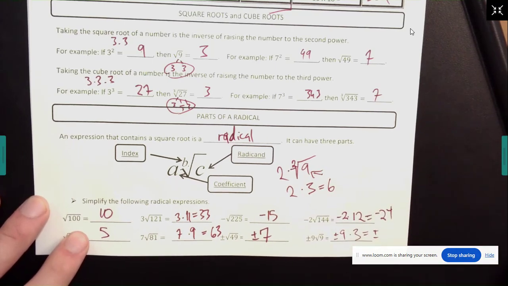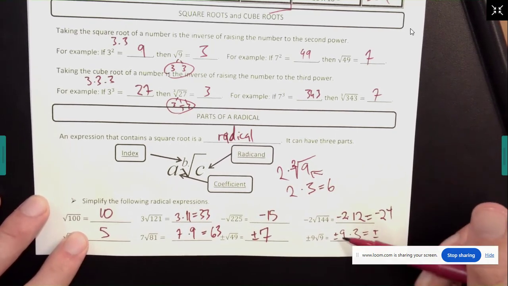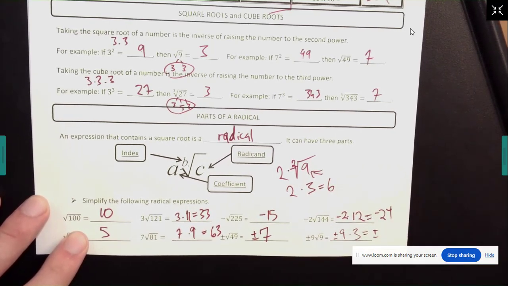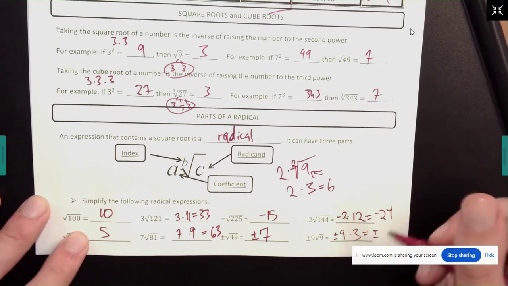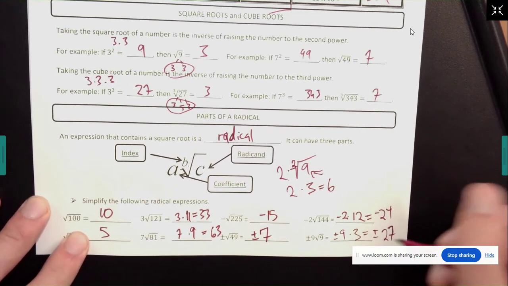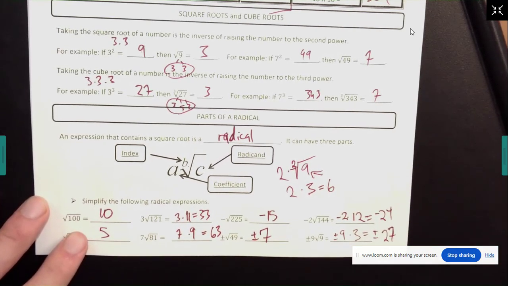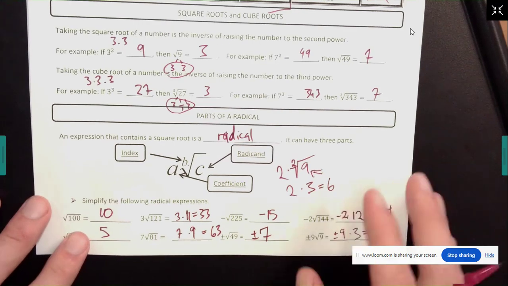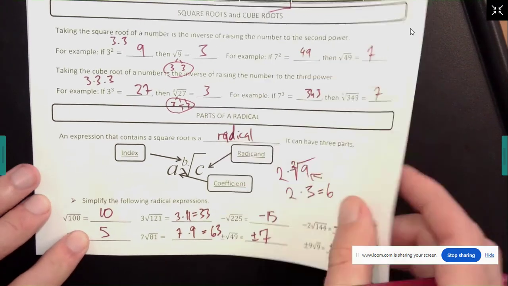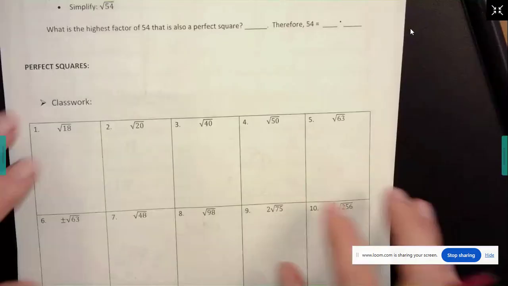If you multiply a number by a negative, it changes the sign to the negative, right? If you multiply a number by a number that has that plus or minus, we'll have that in our final answer. And then I have 9 times 3, which is 27. All right. Cool. Let's move on to the back.